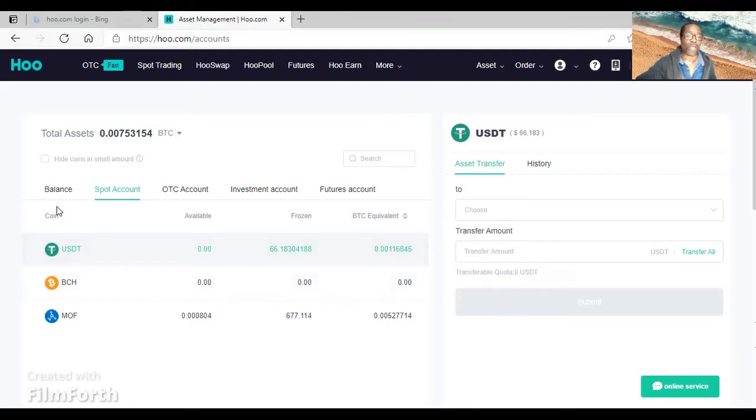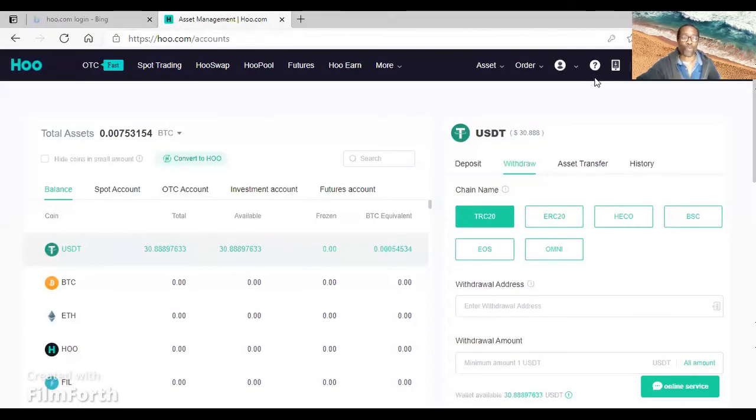It's no longer here. If you go to balance now, you will see the USDT. So actually the USDT has been withdrawn from the spot account, and it is ready now to be transferred or withdrawn.